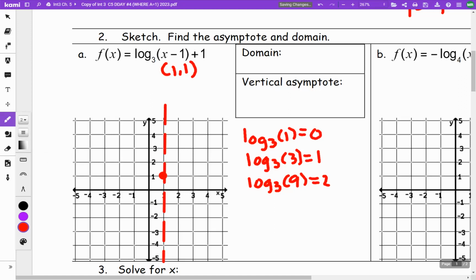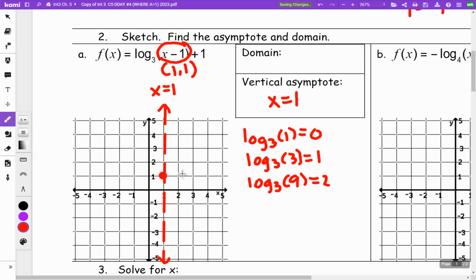So I'm going to draw my vertical asymptote here. And I'm going to label it here, but I'm also going to label it up where they're asking us. So this is going to be x equal 1 because it's what makes this 0, and I cannot take log of 0. So x equal 1. Then I'm going to come to this locator point.